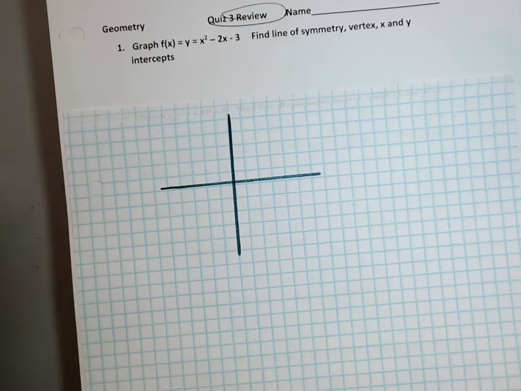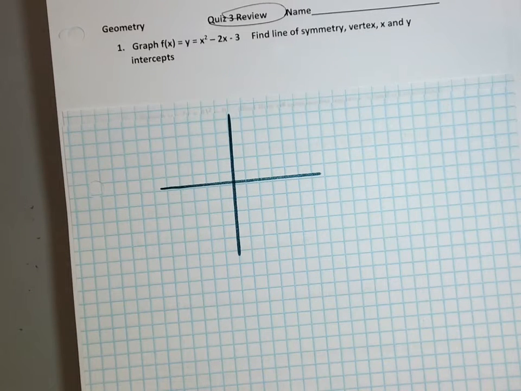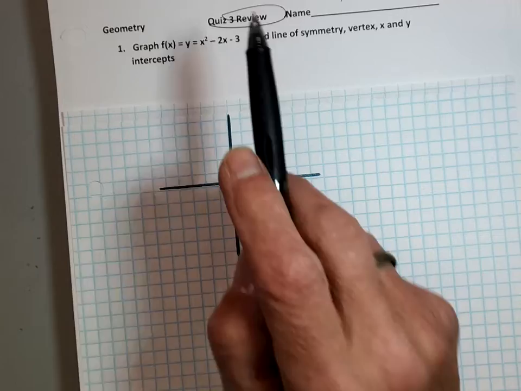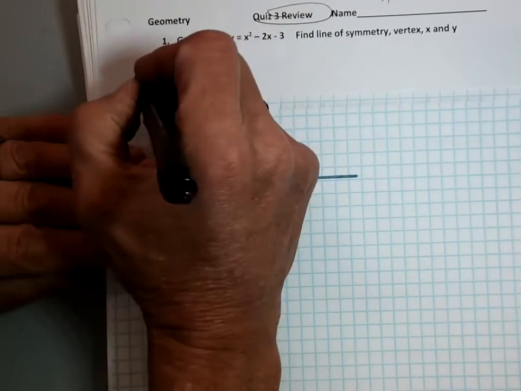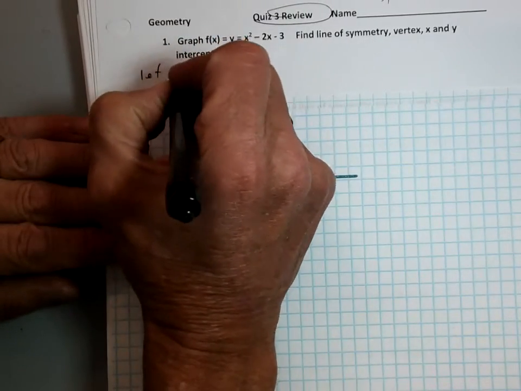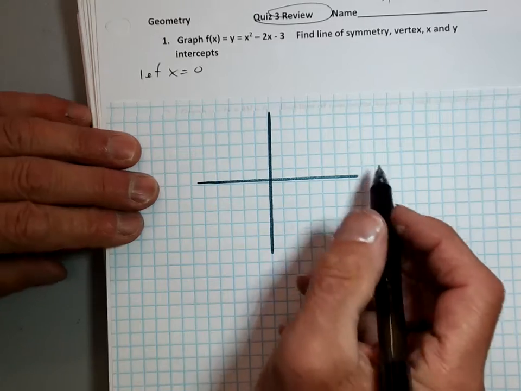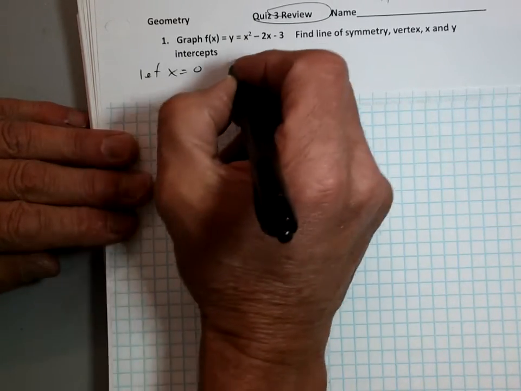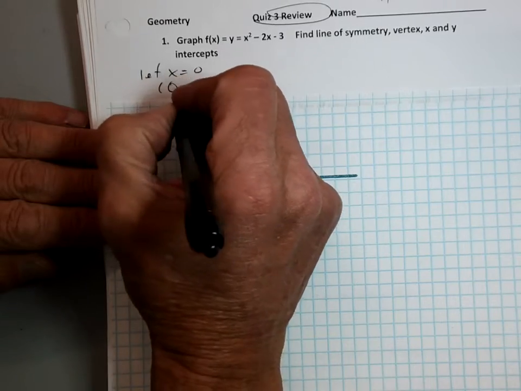Okay, now right at the bat, when I look at this, I do know my y-intercept. My y-intercept is -3. Okay? If you let x equal 0, we'll get a y-intercept. If x is 0, I have 0, 0. So my y-intercept is going to be at the point 0, -3.